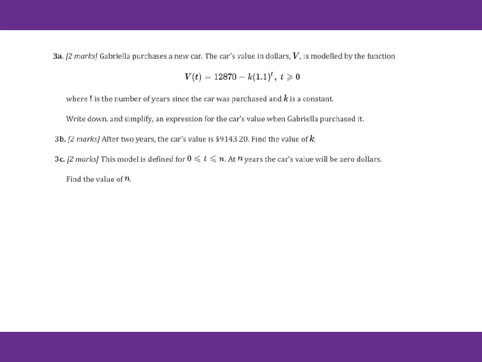Now let's go to 3A. Gabriela purchases a new car. The car's value in dollars V is modeled by the function V of t equals this, where t is the number of years since the car was purchased and k is a constant. Write down and simplify an expression for the car's value when Gabriela purchased it.